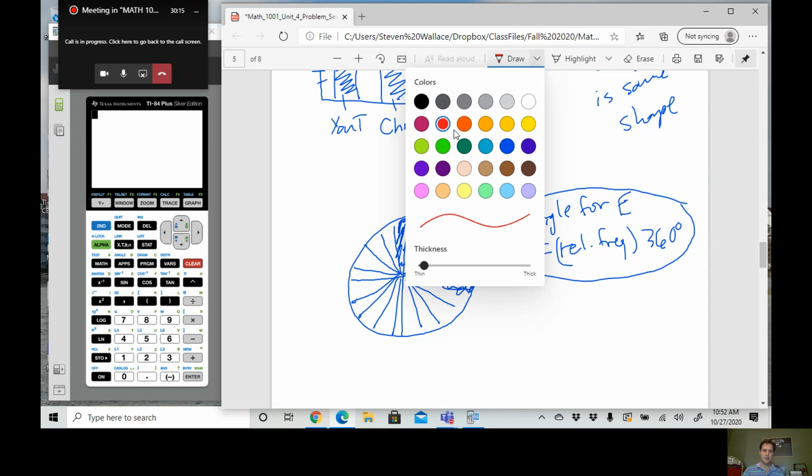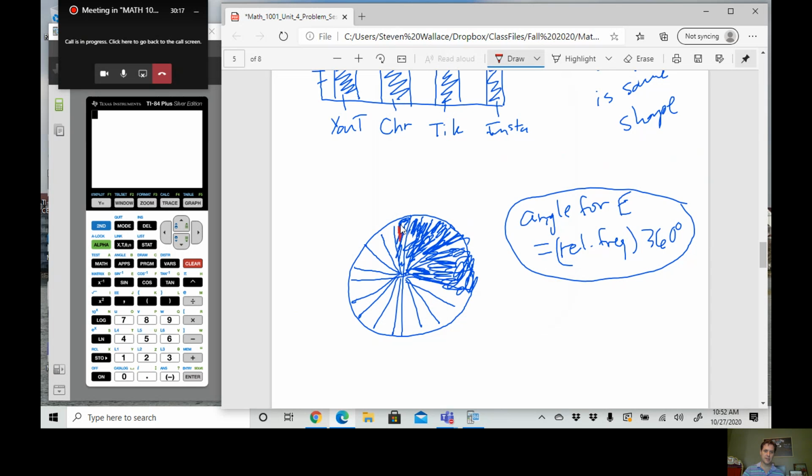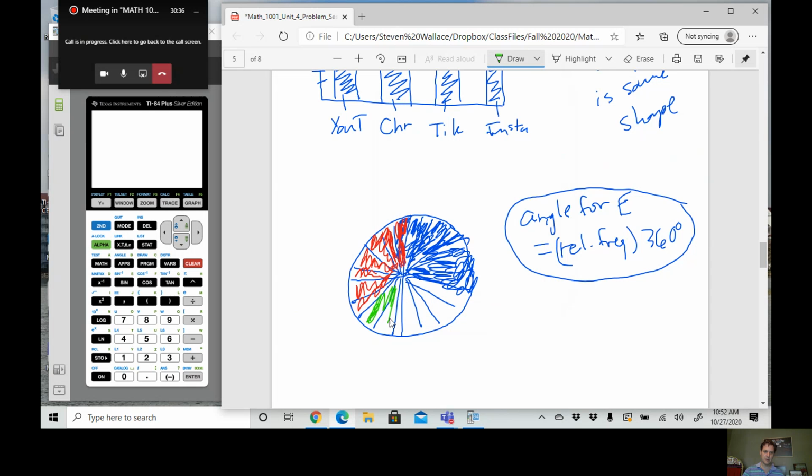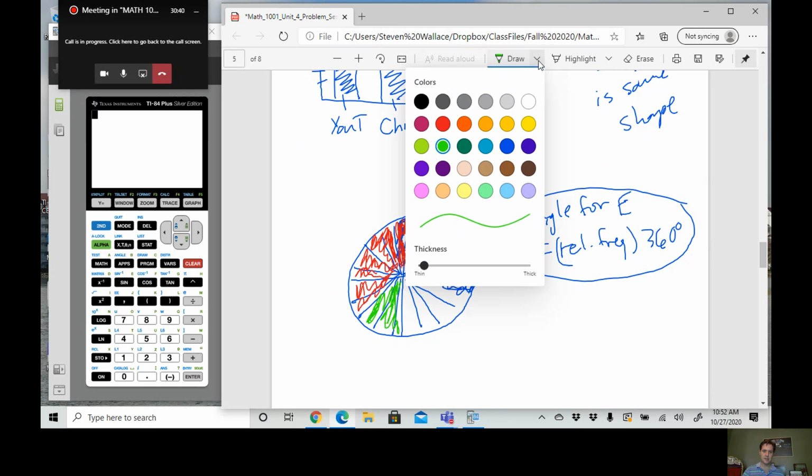And then Chrome gets 7, so I'm going to make that red. 1, 2, 3, 4, 5, 6, 7. TikTok was 3. Let's make that green. And Instagram, orange, that's 4.